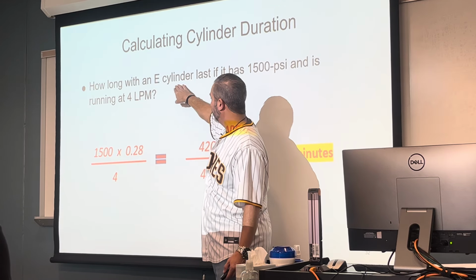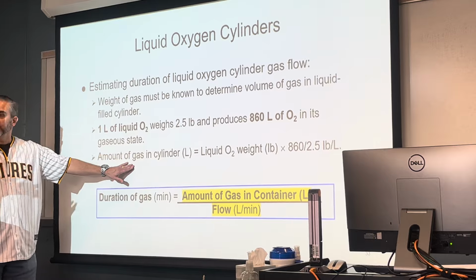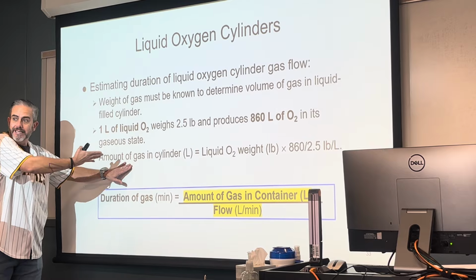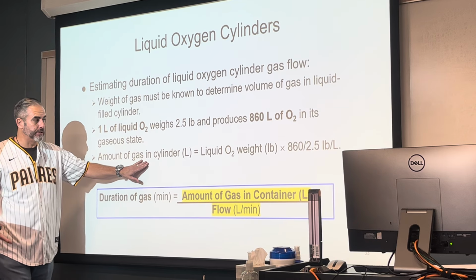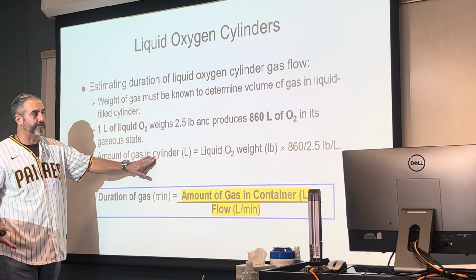What we're ultimately trying to figure out is how much of this liquid could be a gas in liters, and I'm still going to divide that by the flow rate. That's what we did on the previous slide. It's getting to this part that tends to be a little more challenging a step. Not impossible, it's not that difficult, but it's another step.